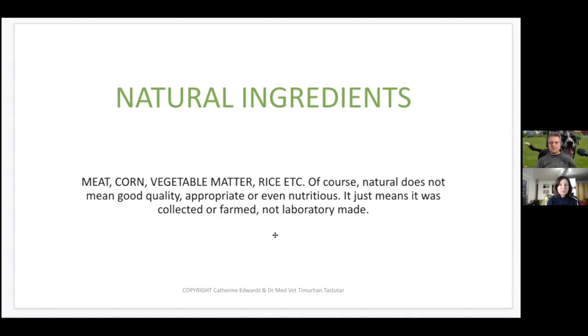That is correct. So natural ingredients are everything that is collected, farmed, or gathered as fruits, vegetables, although we are against it, grains, whatever, and they make up the typical ingredients of the food. Let's check a typical ingredient list.